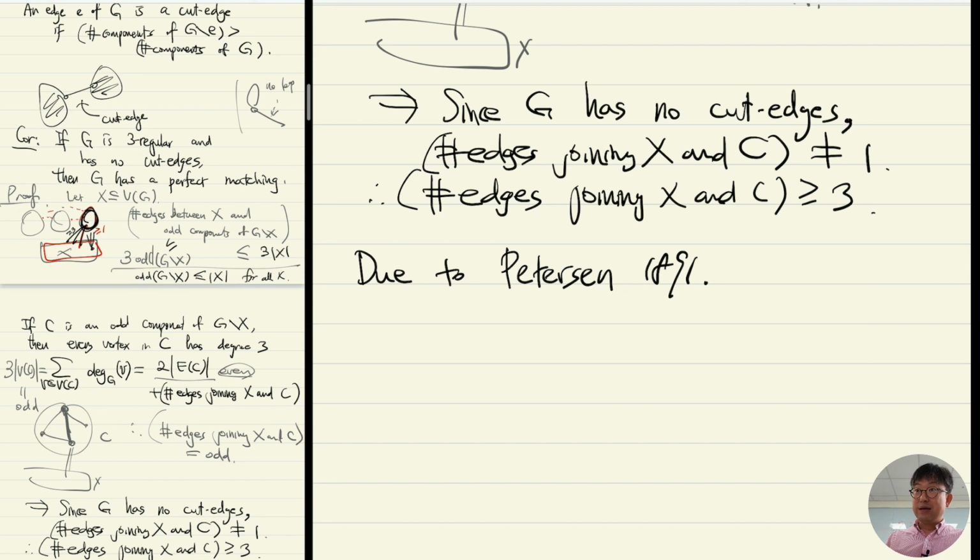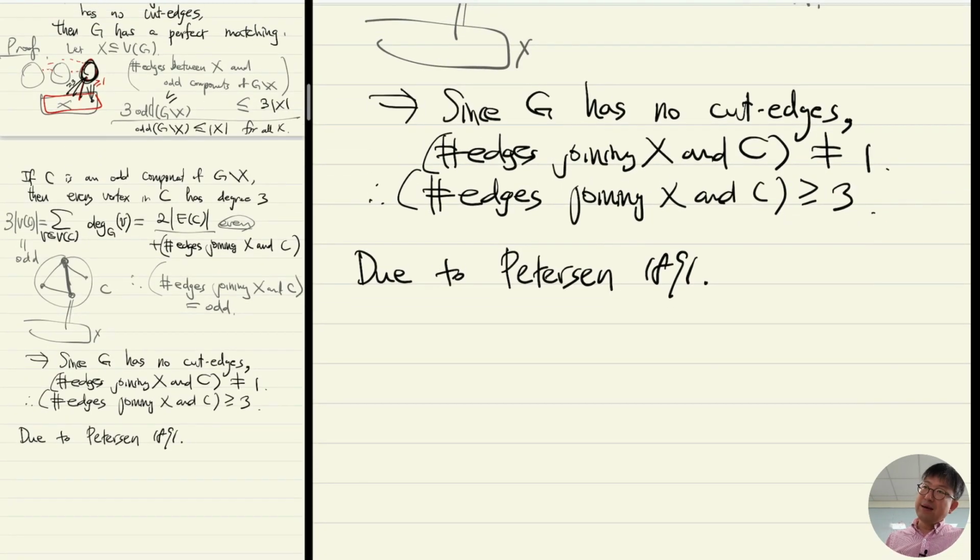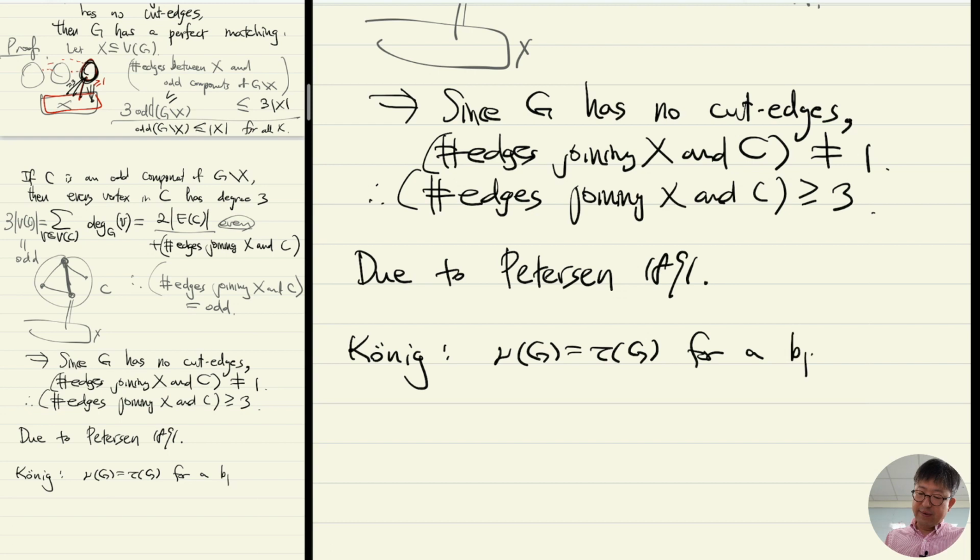So during the homework, you will see many variations of this. Now, the next theorem tells us the size of a maximum matching, like a Kőnig's theorem, right? So remember, Kőnig's theorem says that nu of G is equal to tau of G for a bipartite graph.